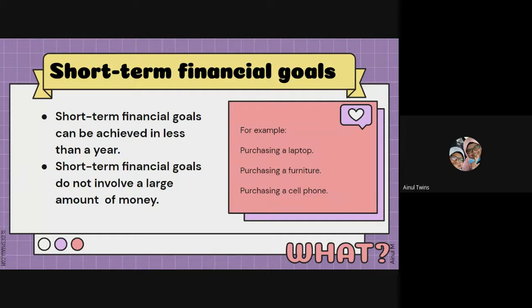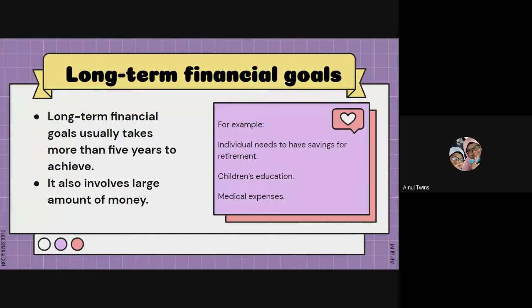Short-term financial goals can be achieved in less than a year and do not involve a large amount of money. For example, purchasing a laptop, purchasing furniture, and also purchasing a cell phone. Long-term financial goals usually take more than 5 years to achieve, and also involve a large amount of money.